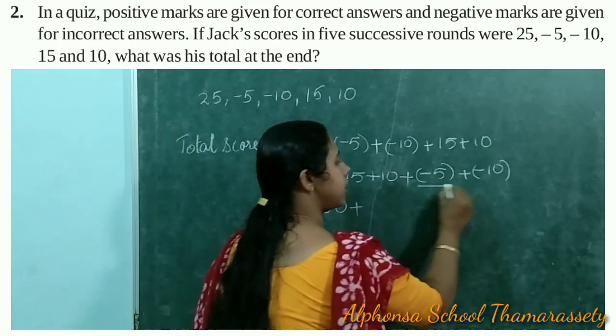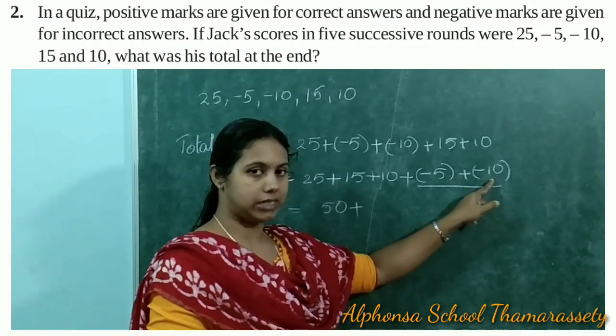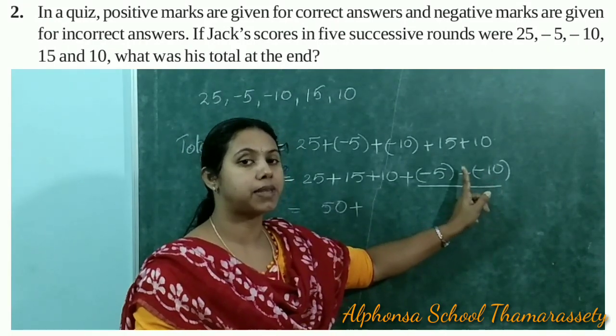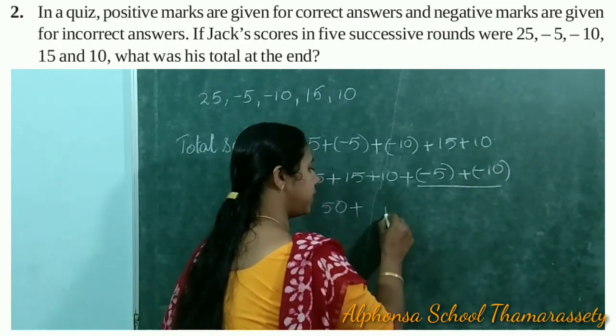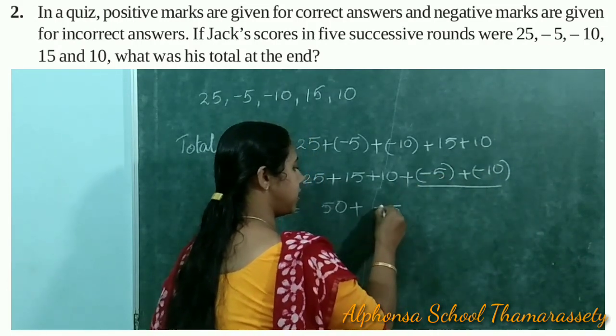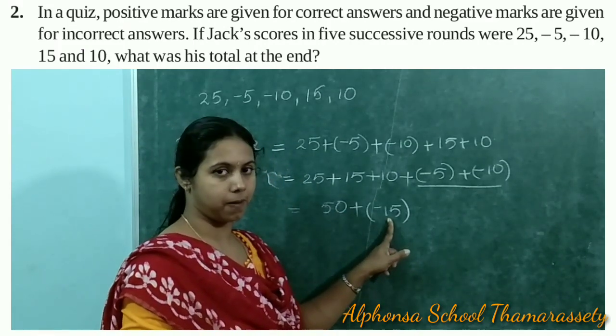Now you can add these two negative integers. We know that when you are adding two negative integers, just add the numbers and keep the sign as it is. So 5 plus 10 is 15, the sign is negative. So 50 plus minus 15.